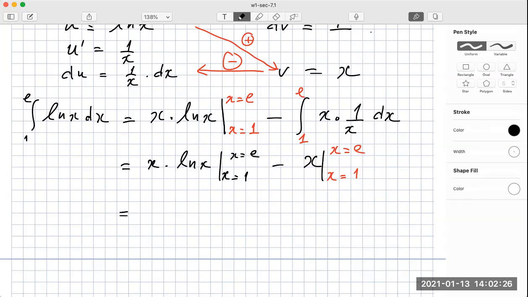So we replace x by e, which will be e times natural log of e, right? That is the first evaluation of the upper bound, and subtract the evaluation of the lower bound, which is x is equal to 1.